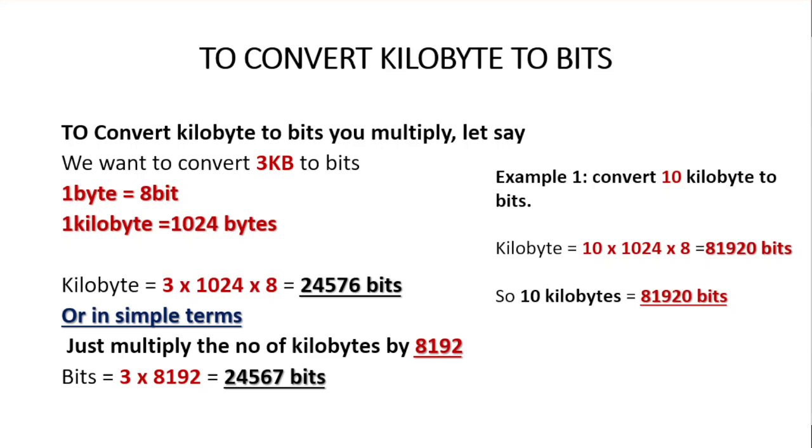It will still give you the same outcome. So whatever number you have been given to convert from kilobyte to bit, either you multiply it by 8,192, or you use the long method. You multiply it by 1024 times 8. It will still arrive at the same answer.